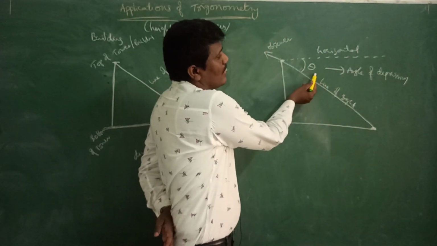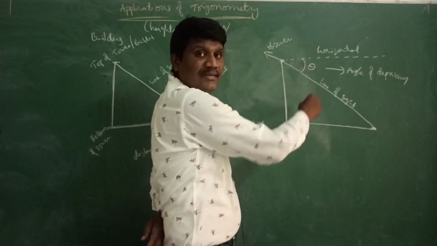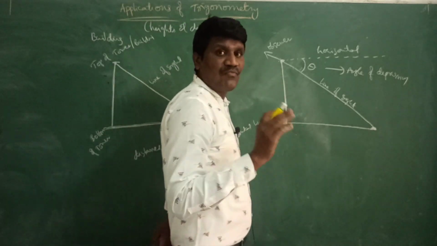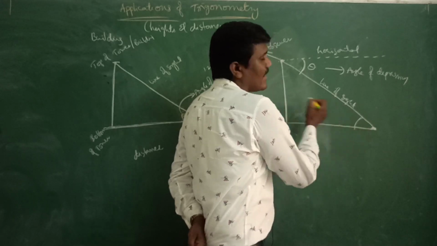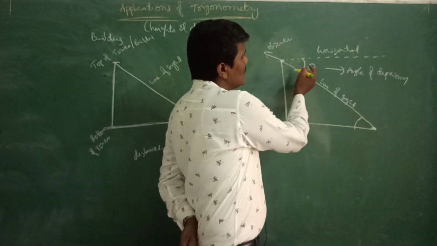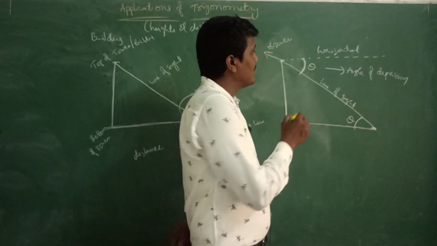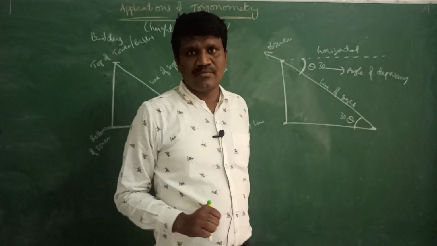If the angle is below the horizontal line and above the line of sight, then it is the angle of depression. Here we know one principle: alternate angles. These two are alternate angles, so whatever angle is there, this is also the same angle. If this is 30 degrees, this angle is also 30 degrees.